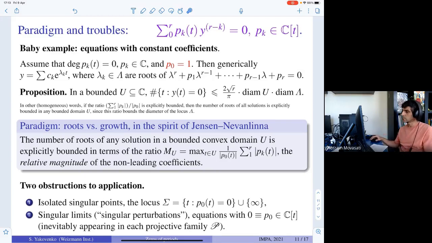So what are the two obstructions to extending this result for counting all zeros? First, we still have singular points.